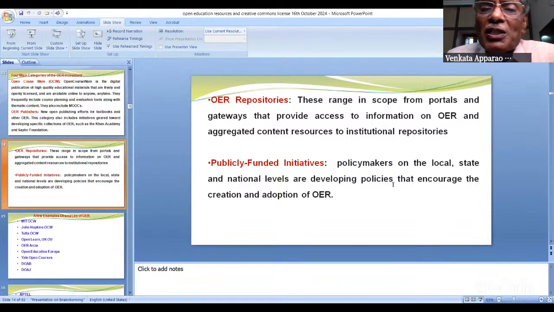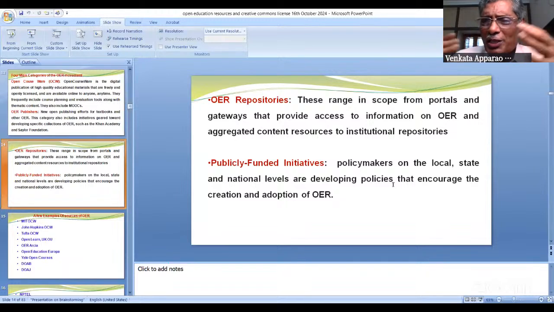OER repositories, these range in scope from portals and gateways that provide access to information on OER repositories. Then the fourth kind is publicly funded initiatives. Policymakers on the local, state, and national levels are developing policies that encourage creation and adoption of OER.